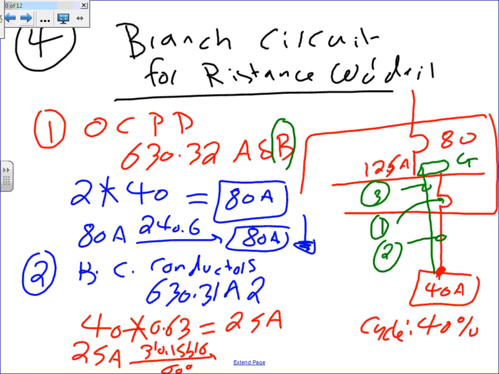Number 10? Everybody gets number 10? So I get 3 conductors, number 10 AWG THHN.